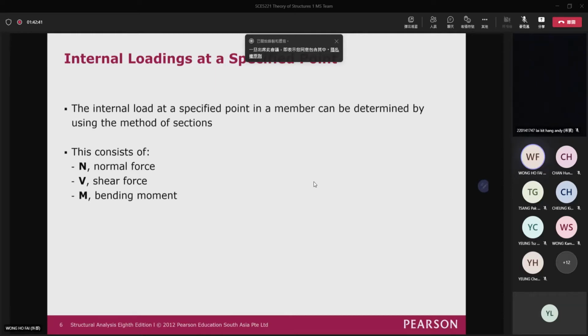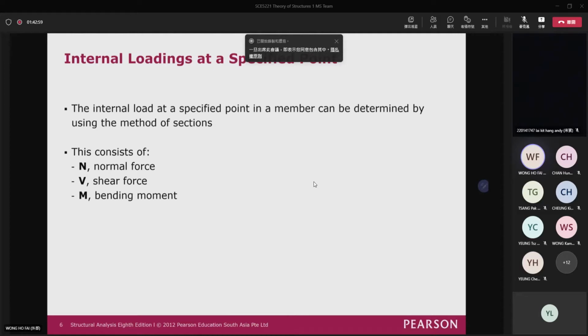The internal loadings basically refer to the normal force N, the shear force V, and the bending moment M. Those are the letters that we use to describe the normal force, the shear force, and the bending moment.